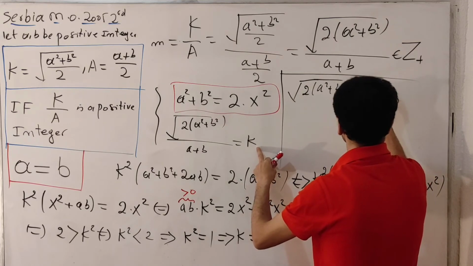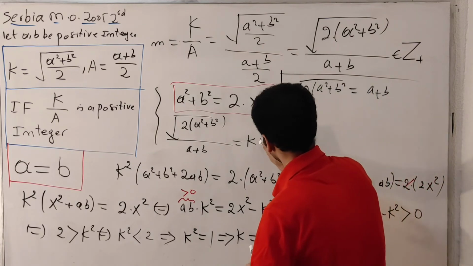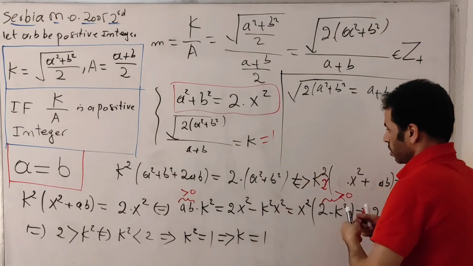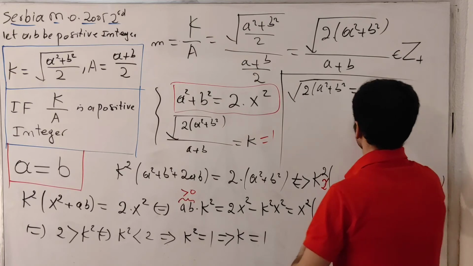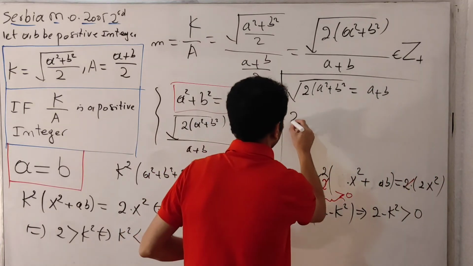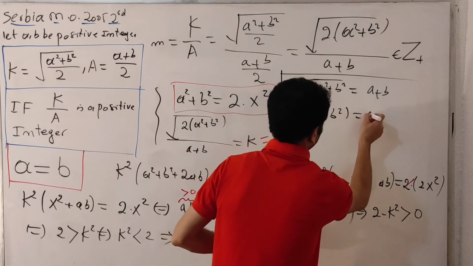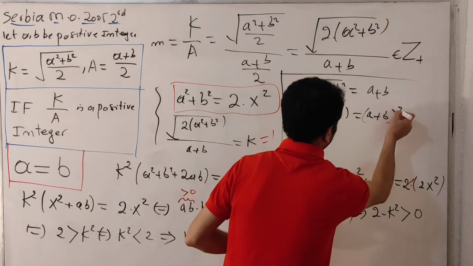I get a plus b. Okay, so now I'm going to raise to the power 2 on both sides. I will get 2 multiplied by (a square plus b square) equals (a plus b) squared.